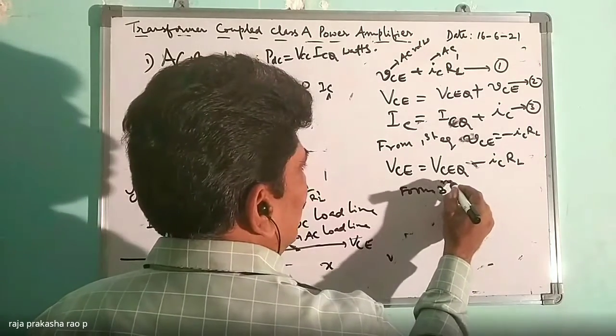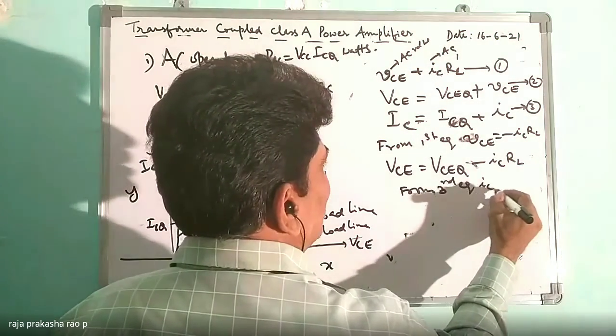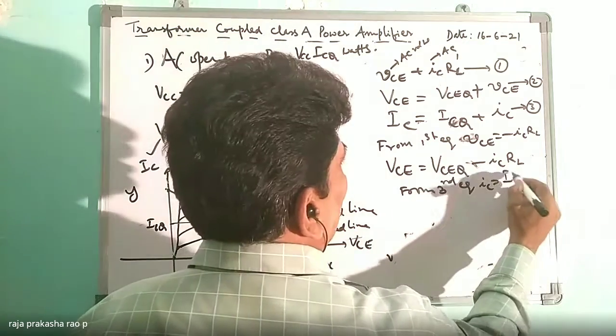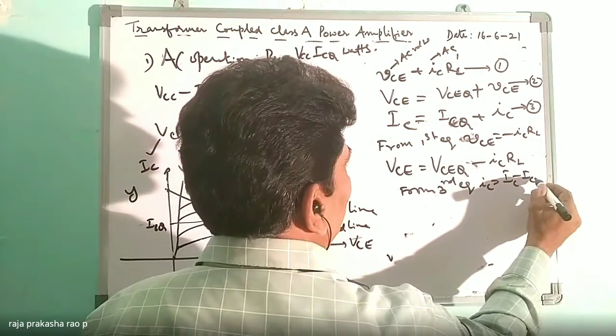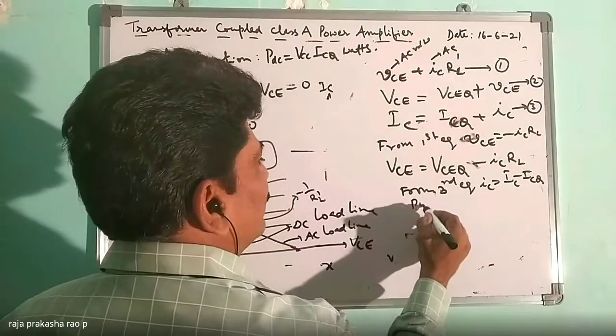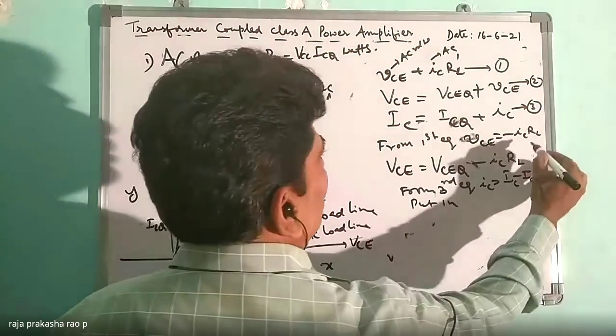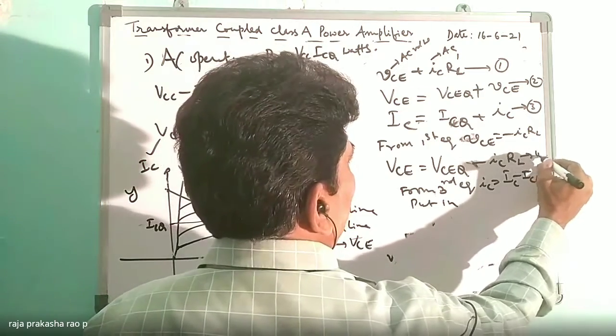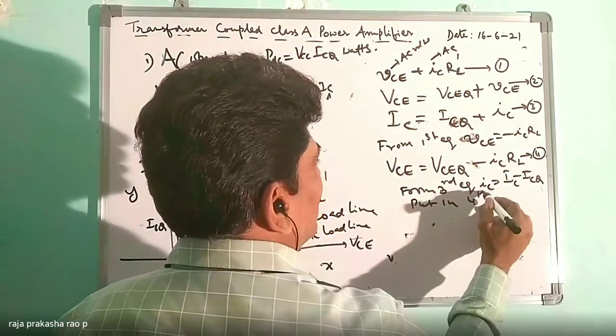So from the third equation, ic is equal to IC minus ICQ. Right? Substitute here now, put it in the fourth equation.